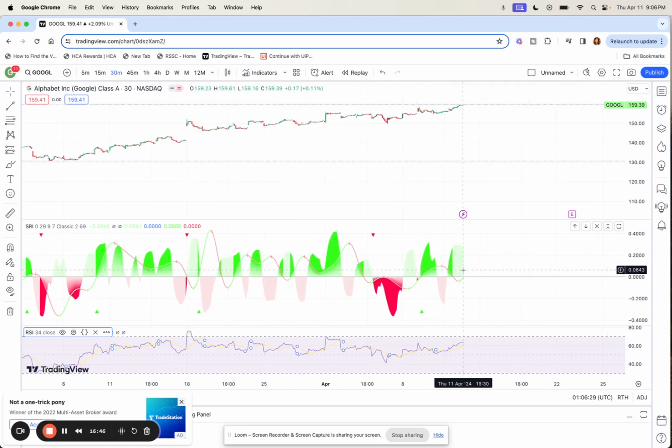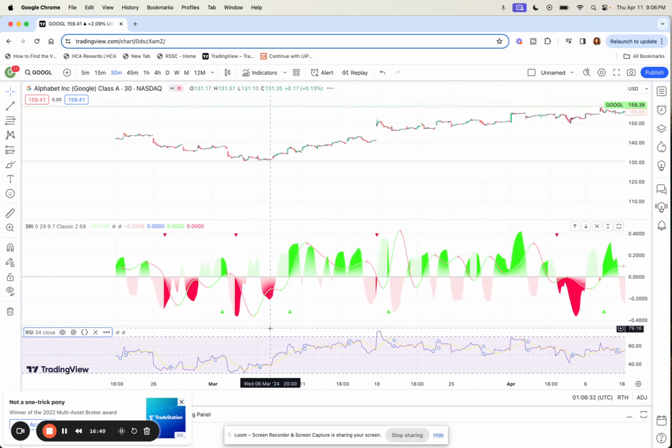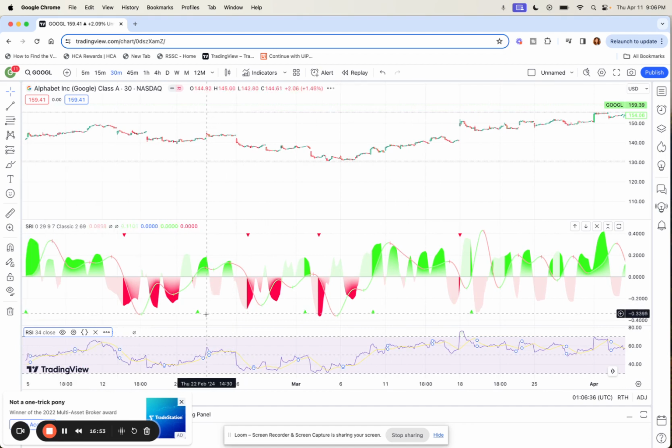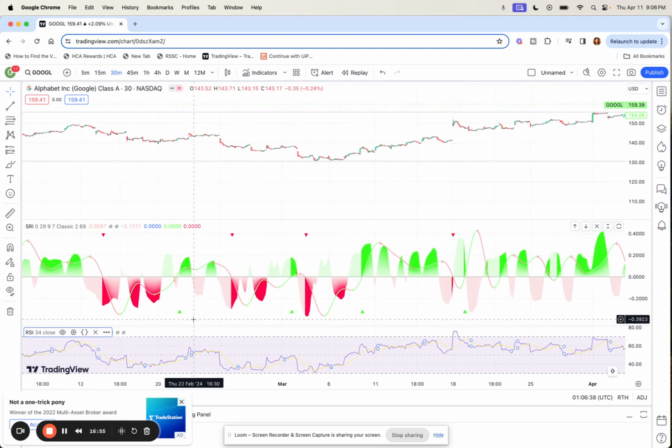So just taking a look at that overall, you could see that the trend works with confirmation with the RSI. So over here, for example, you can see that back in February 2024, the stock was coming down.